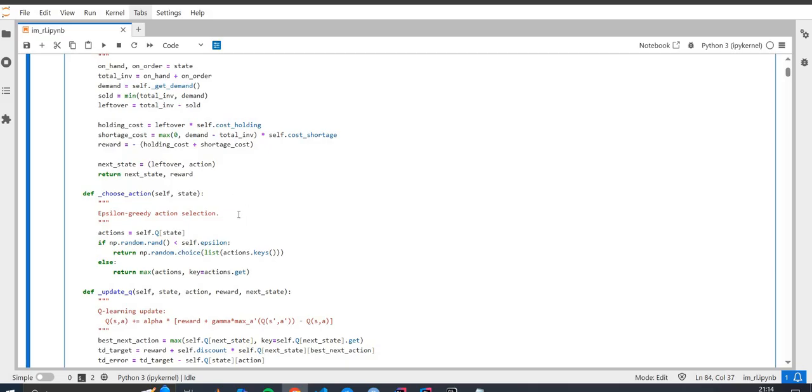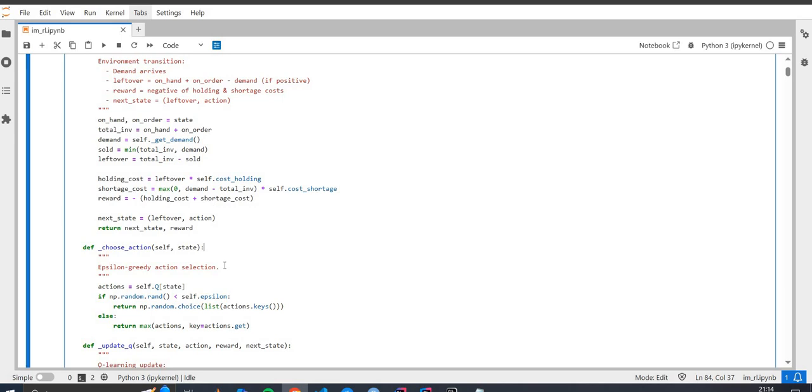Okay, and last function for this part here, what is that? Choose action. It determines how the agent picks its next move. It follows an epsilon greedy policy, which means that early in training it makes a lot of random decisions to explore different options.